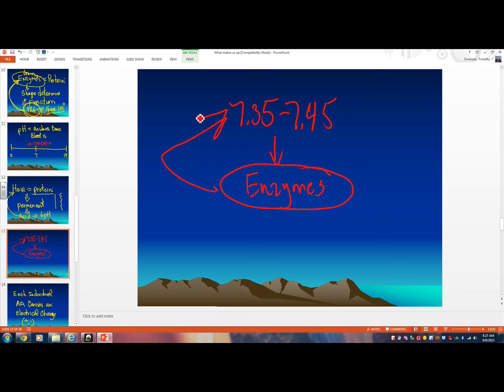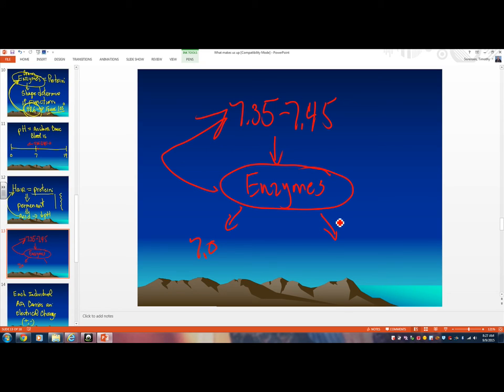7.35 to 7.45. So if your pH drops to 7, it will alter the shape of those enzymes, and those enzymes that perform all the chemical reactions in the cells of your body, specifically your brain, ain't going to work so good.